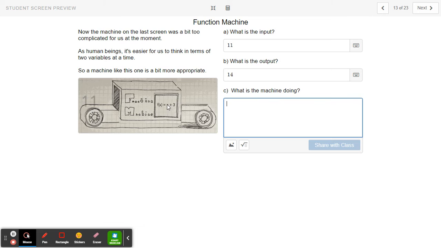Well, it's written there, but the machine is just adding 3 to each input. So that means that whatever the input is, remember, X is the input, the function or the machine adds 3 to the input and then spits out an output.